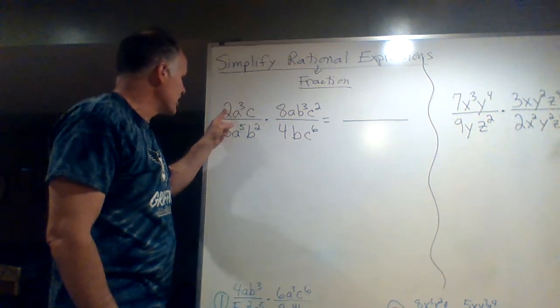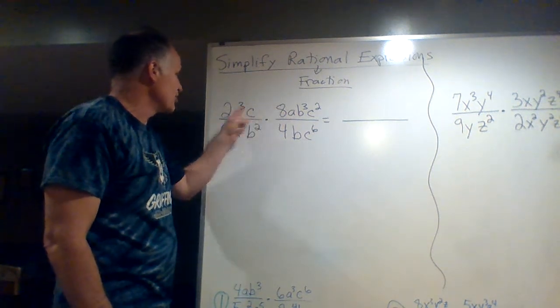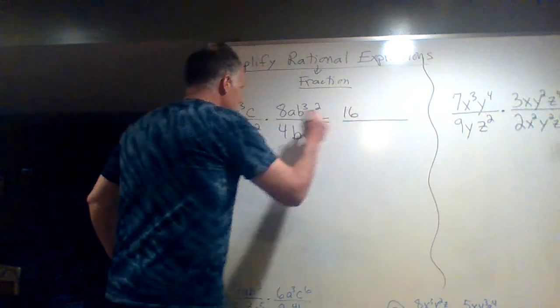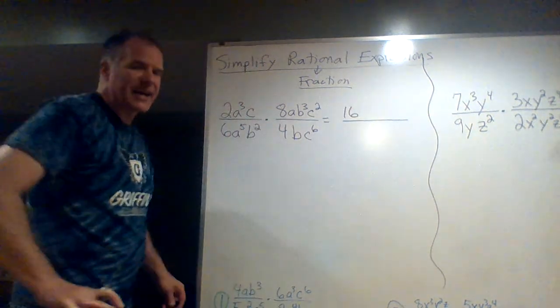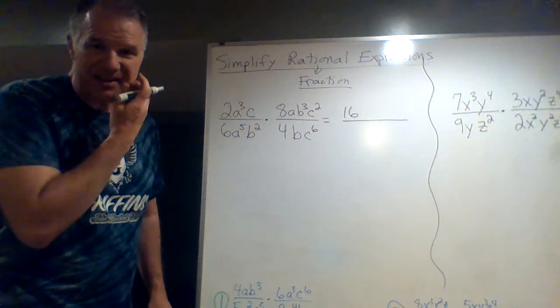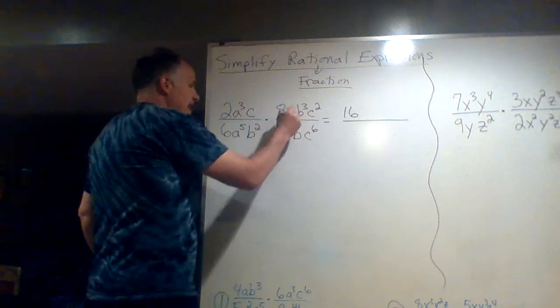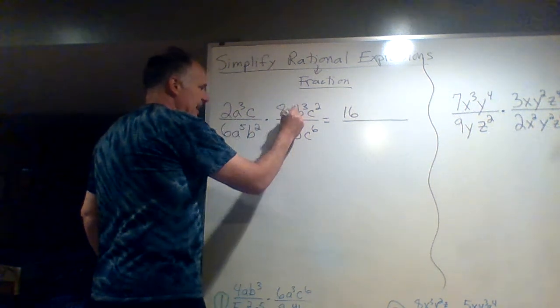Okay, the regular 2 here is going to multiply times the 8. So 2 times 8, you're just multiplying the two numbers. That's 16. Now, the thing that is a little different that we didn't have in the last video is this a cubed in the numerator has to combine with, again, I can put a 1 there.